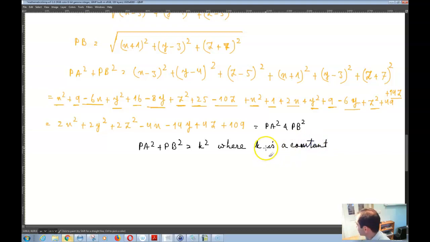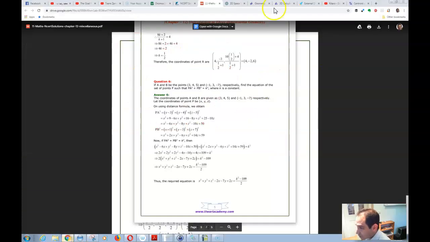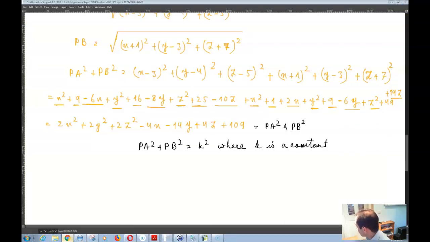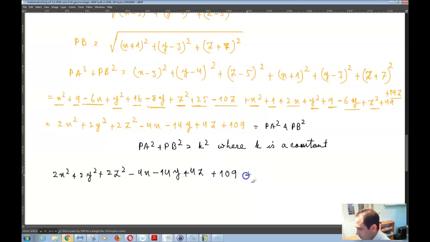So what that means is that now I can write this expression over here, which is PA squared plus PB squared, and equate that to K squared, meaning that 2x squared plus 2y squared plus 2z squared minus 4x minus 14y plus 4z plus 109 is equal to K squared, right?